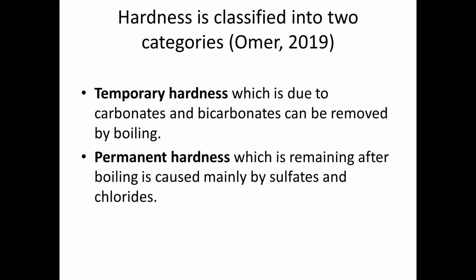So there are actually two categories when we talk about hardness. Temporary hardness is caused only by carbonates and can be removed by boiling. You just boil your water, then the hardness is removed. But there is also what you call permanent hardness, which remains after boiling and is caused mainly by sulfates.